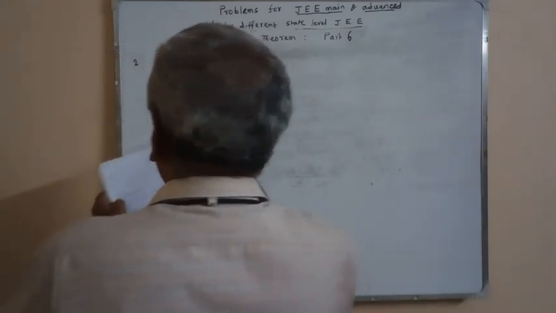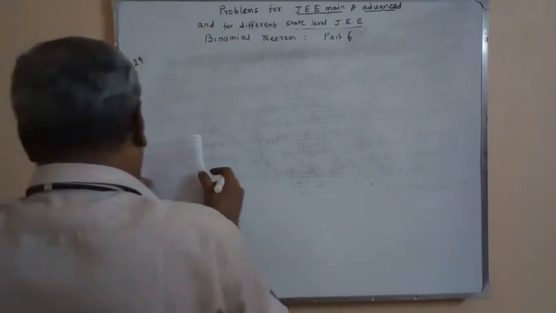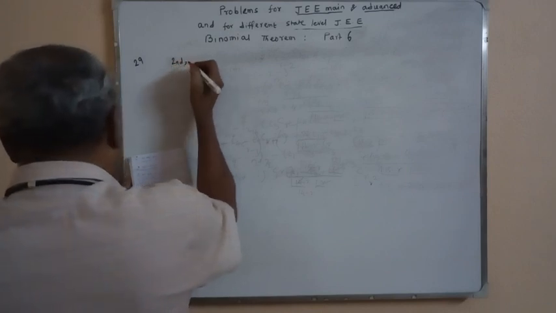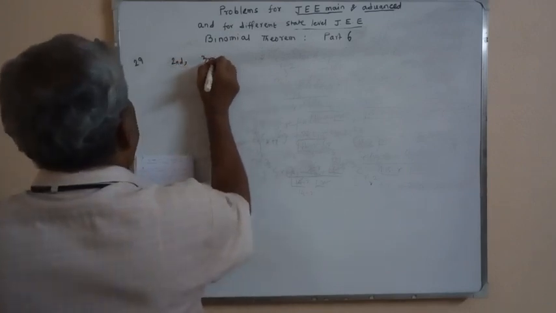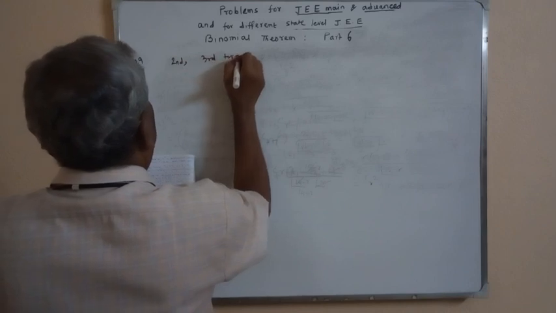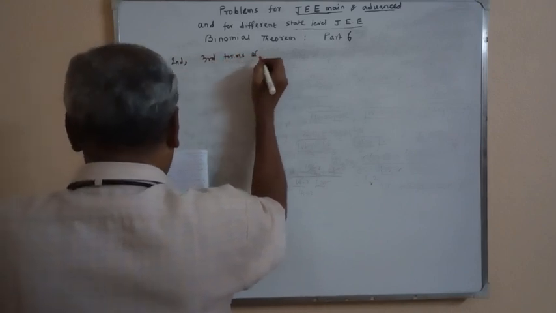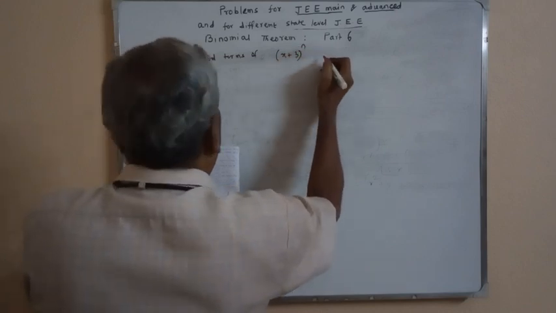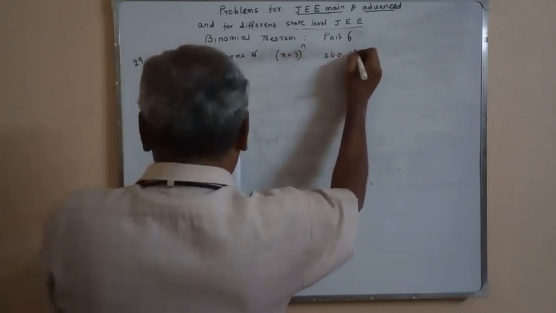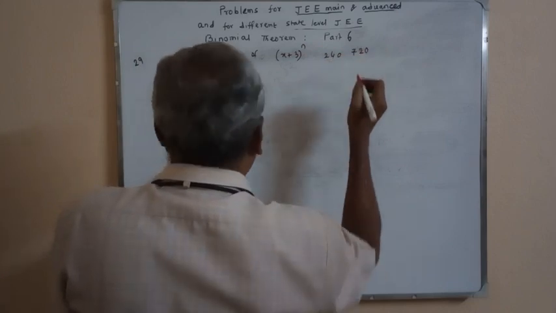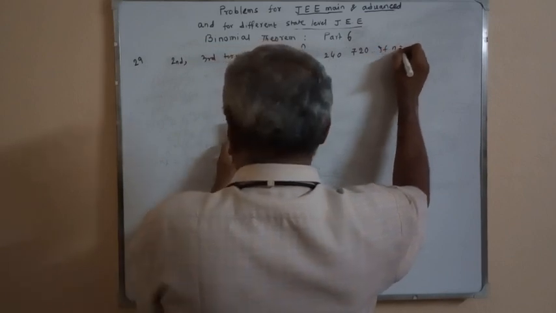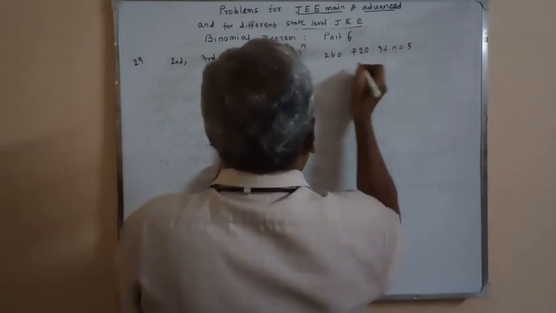It is problem number 29. If the second and third terms of (x plus 3) to the power n are 240 and 720, if n is equal to 5, then the value of x.